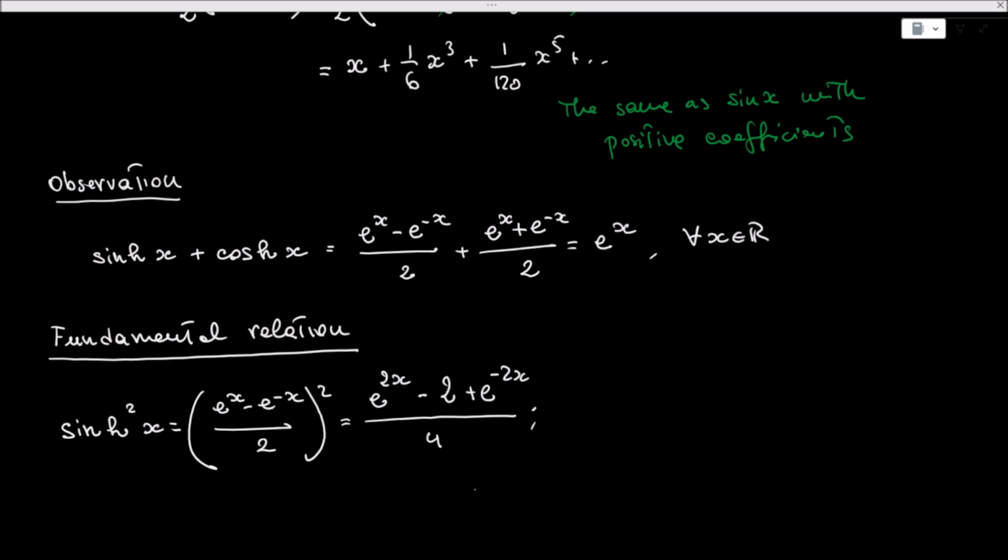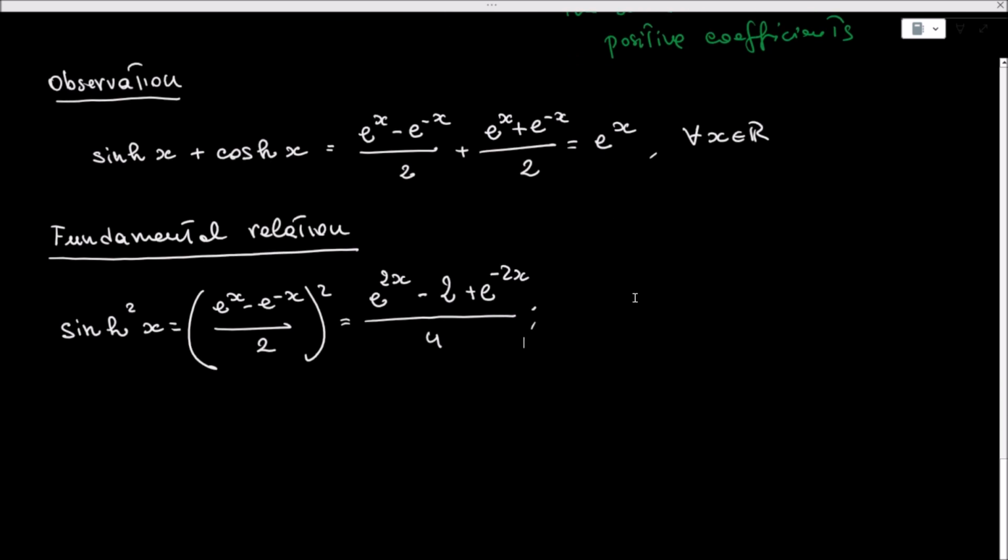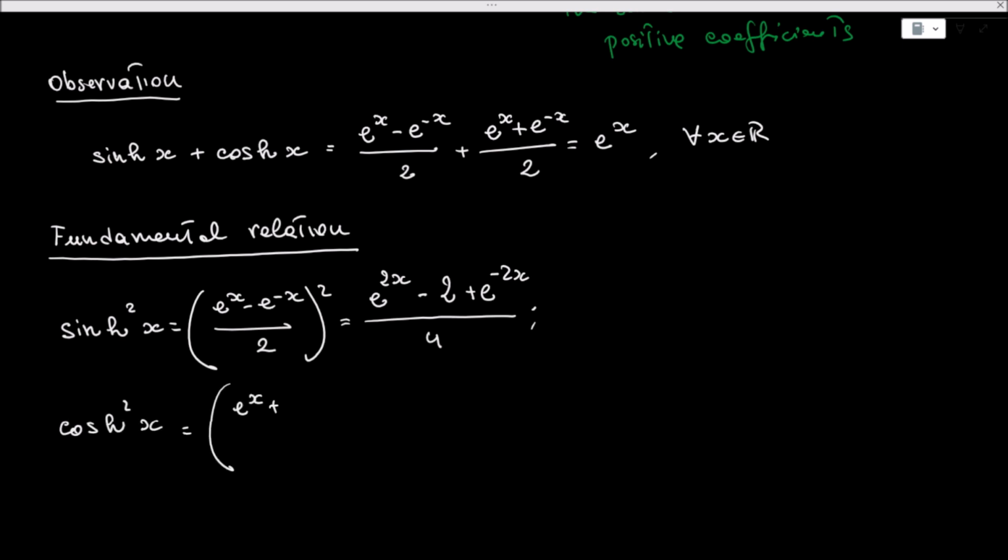And let's do the same for the hyperbolic cosine. We take the square, which is (e to the x plus e to the minus x) divided by 2, squared, and what we get, 4 at the denominator, and e to the 2x plus 2 plus e to the minus 2x.